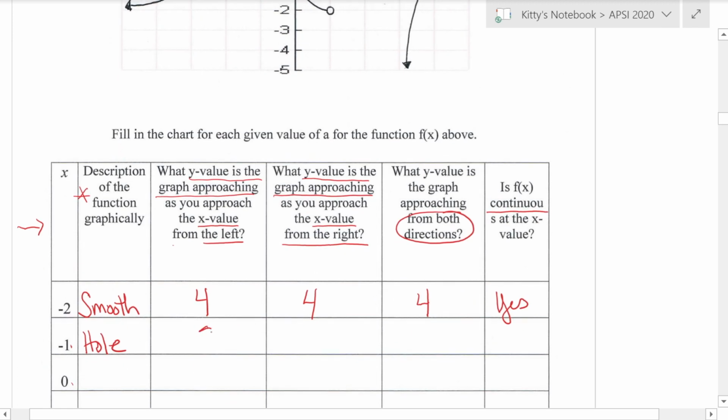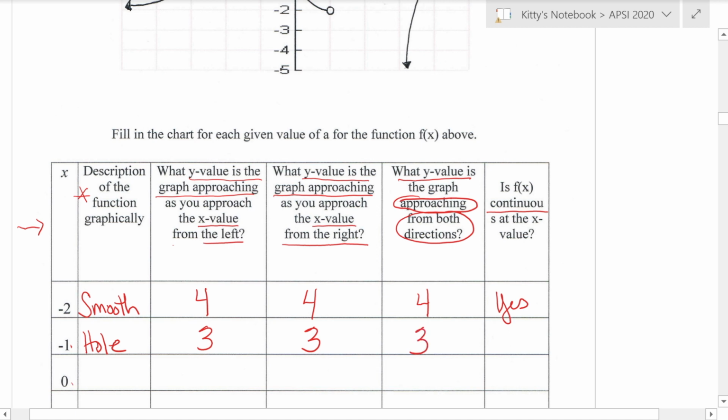So as you come in from the left and come in from the right, it does approach the same thing. So it says what y value is the graph approaching. It doesn't say you have to get there. It just says you have to go towards it. And both sides are approaching 3.